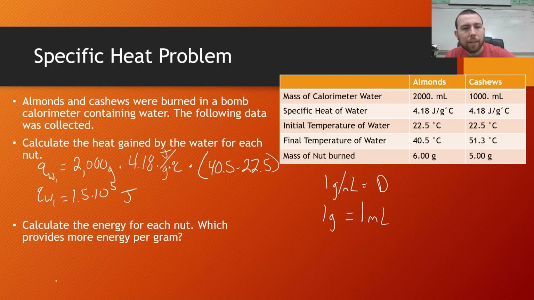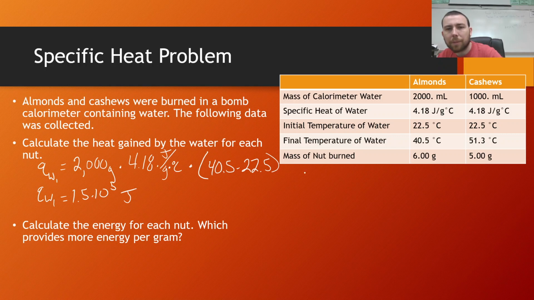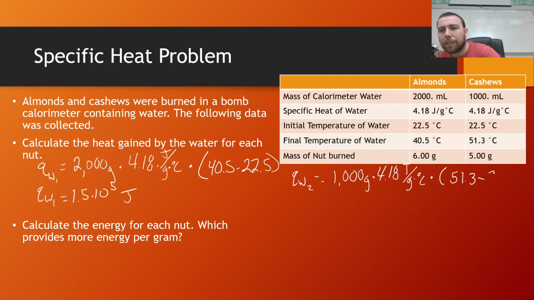Okay. And to do the second part, for the energy that was gained by the water from the burning of the cashew, it's a very similar setup. We'll call this QW2, which is going to equal 1,000 grams times 4.18 joules per gram degrees Celsius times our final temperature, 51.3 minus 22.5.